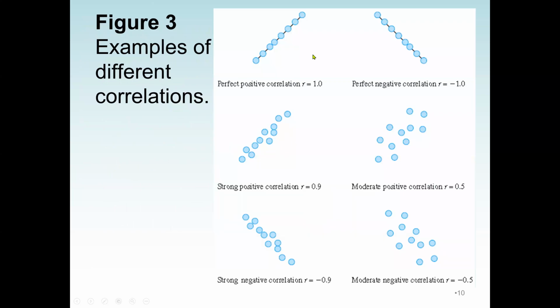This is a very good example. Here, all the points fall on a straight line. This is called a perfect positive correlation, increasing, so R is 1. Here we also have a perfect negative correlation. All the points fall on one line, but it's decreasing, so it's -1. Here you can see we have a strong positive correlation, but all the points don't fall on one line, which reduces the value from 1.